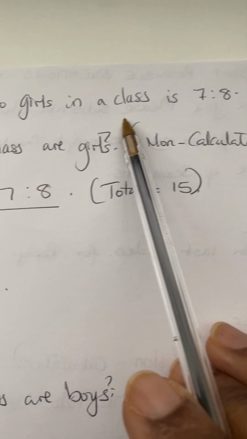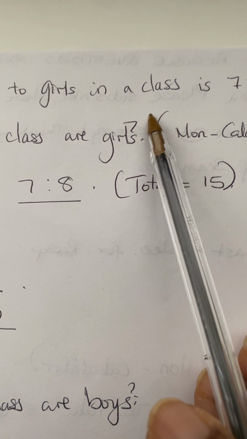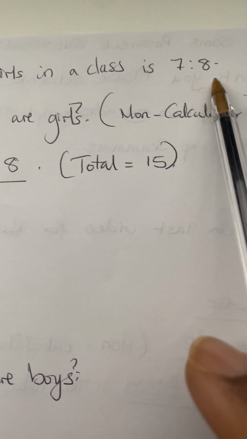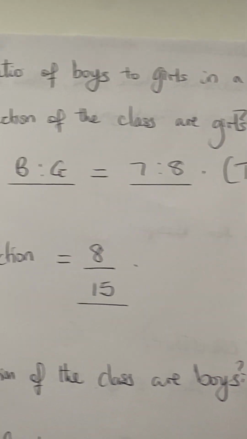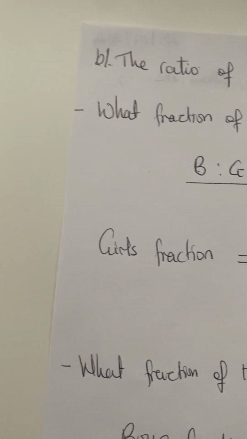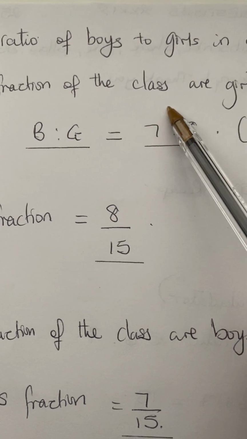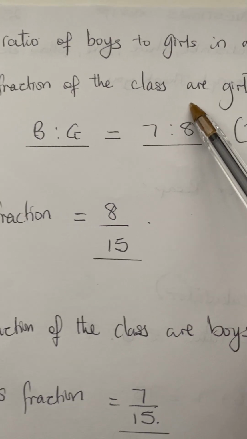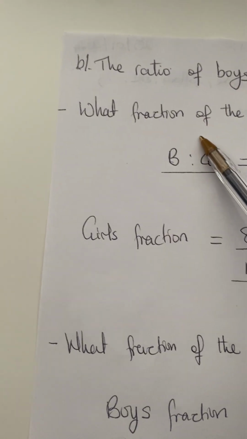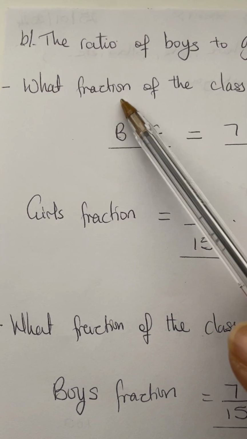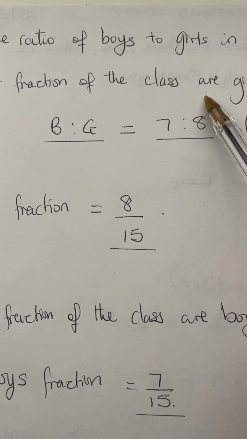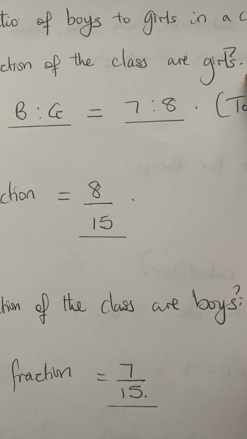Okay, now let's look at our second starter. The ratio of boys to girls in a class is given as 7:8. Okay. What fraction of the class are girls?